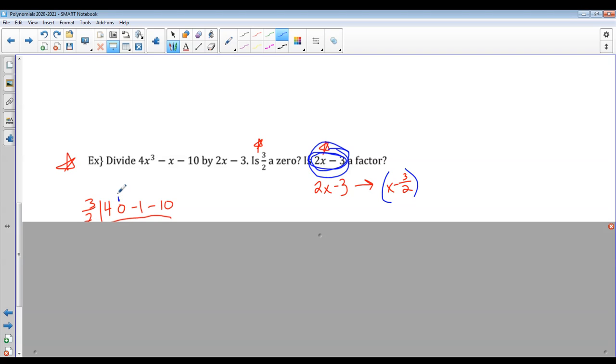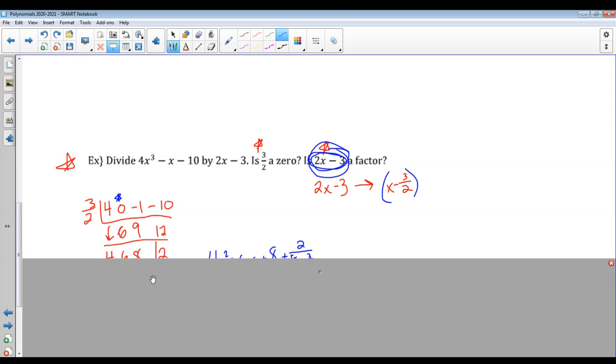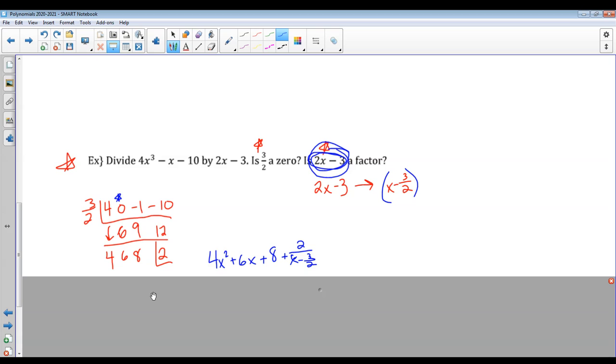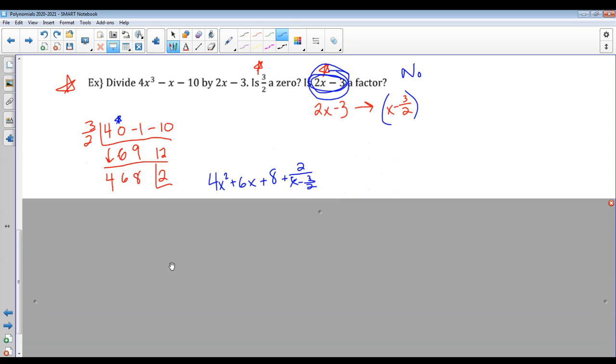So again, notice my placeholder. There's 0x squareds again, so I have to put that in my setup. I crunch my numbers, careful with that fraction. And again, we have no, this is not a factor because the remainder does not equal 0. So I have my quotient plus the remainder over the divisor.